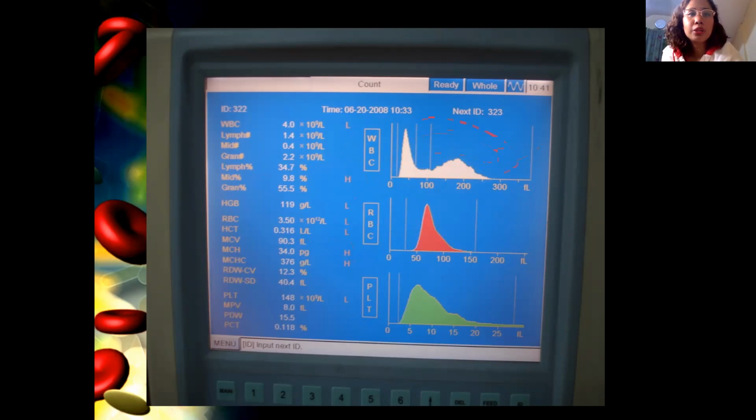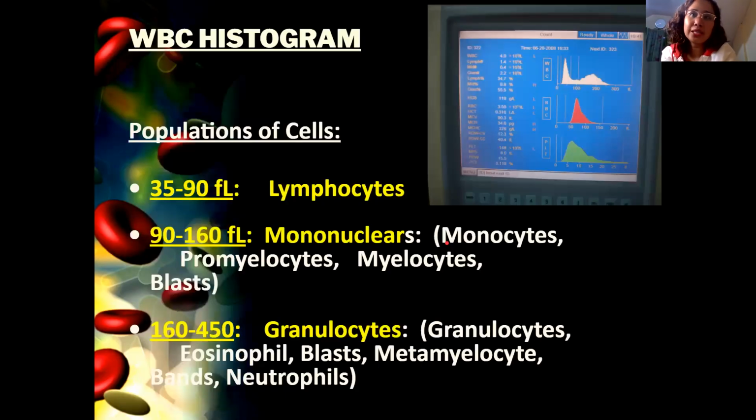But since the MCH and MCHC are high, their hemoglobin is a bit high, but that's not a problem. Your platelets are kinda low. That's all. So all in all, the histogram looks close to normal. I'll give you more examples.